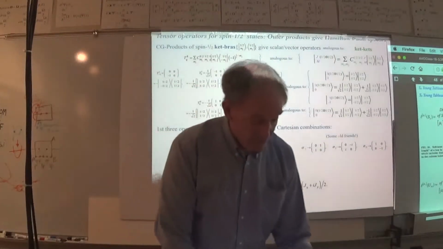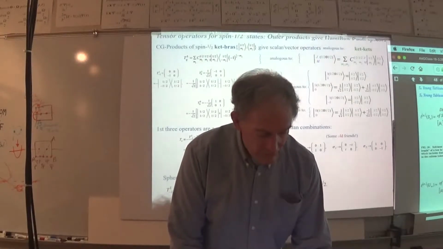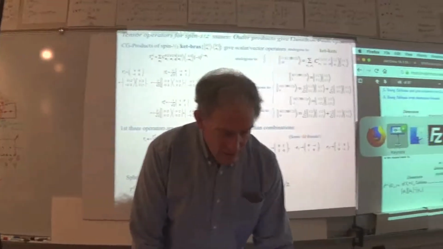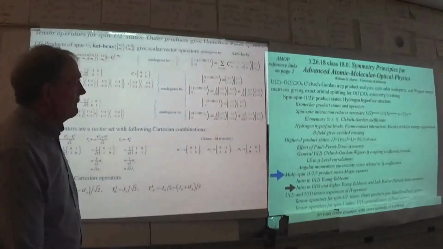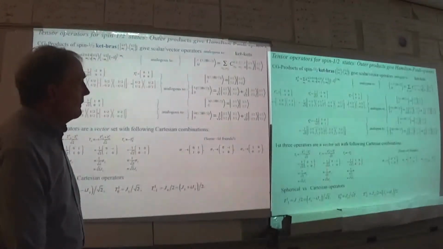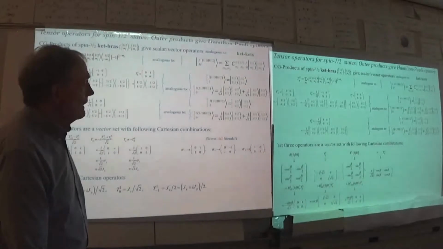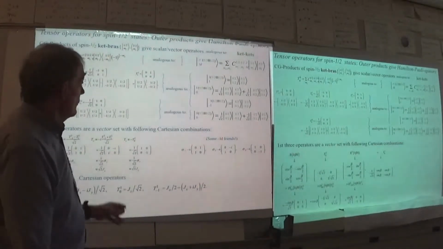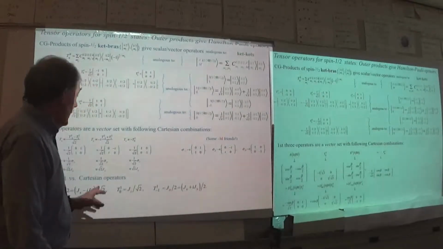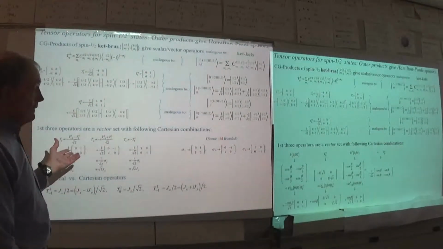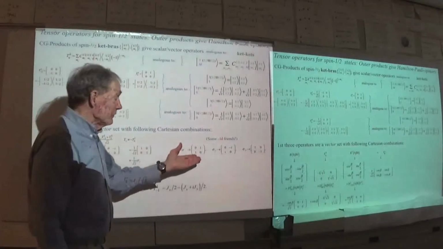Now, I'm going to take the liberty here and run these things on two screens, since I've got to compare stuff that we have here with each other. Okay, so here we go. This is basically where we are on this thing, and of course we're coming up here with our old friends, the spinors.